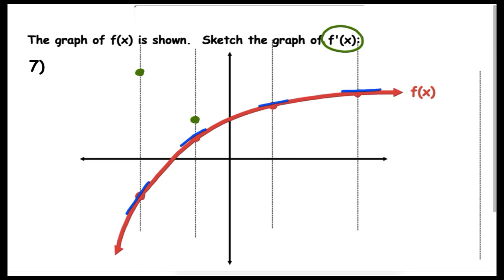And finally, for the last two locations, if you look at those blue tangent line slopes, they're very flat. I would say that this next one looks like it's probably a half, maybe a third. It's going to be around there or so. And finally, if you look at this one, f of x is still rising, but just barely.